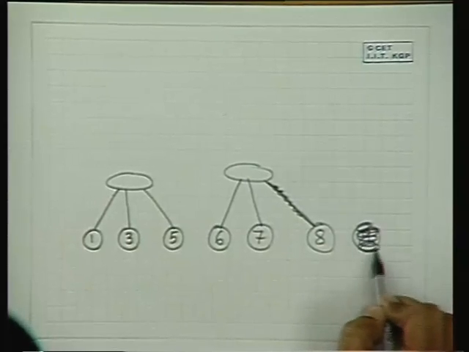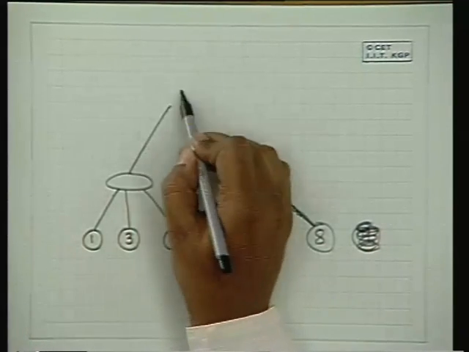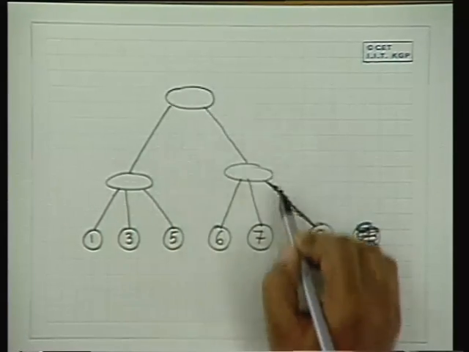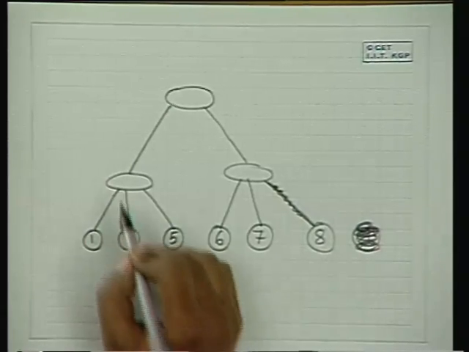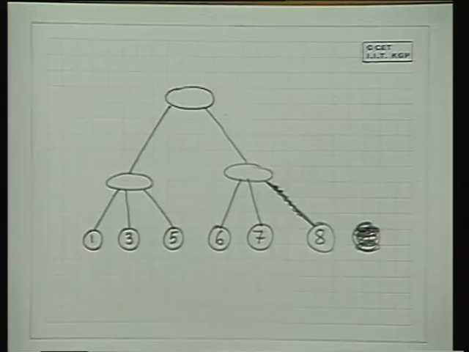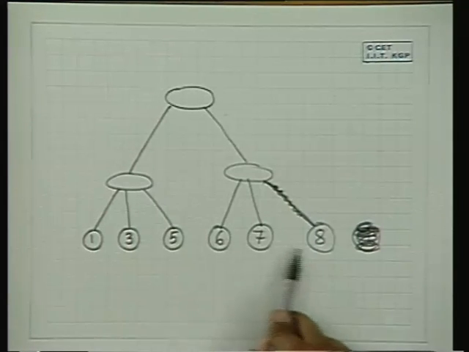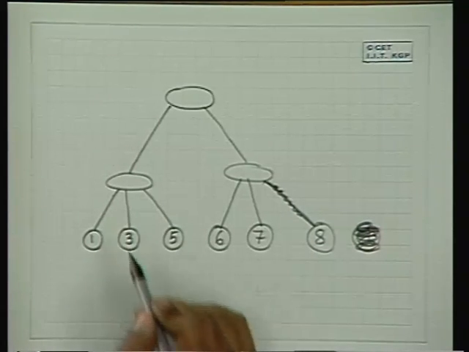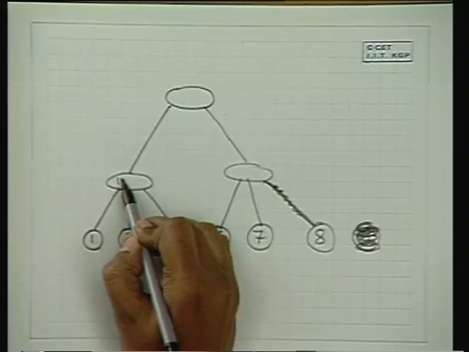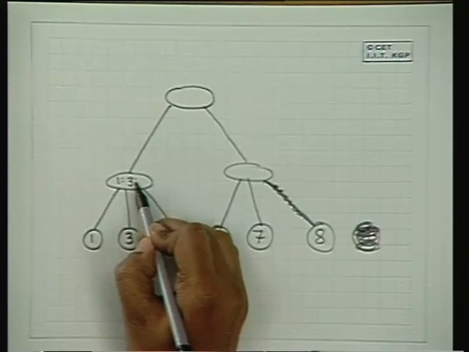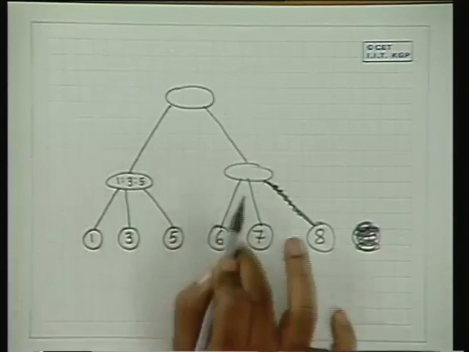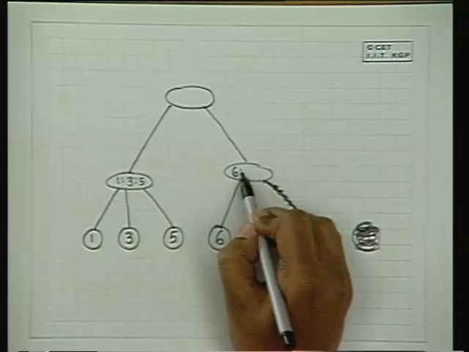Anyway, forget it. Let's make this tree only. Suppose it is this one. So this is also a 2-3 tree: 1, 3, 5, 6, 7, 8. Let us store for the time being all the 3 values. Alright, it will be easier for us to work.